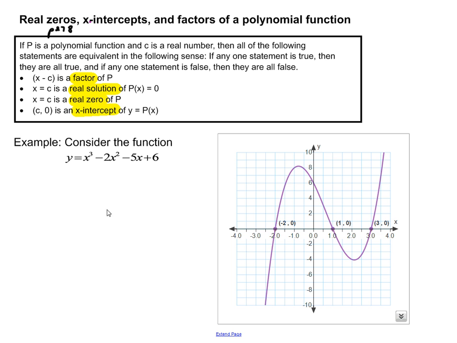Well, what could we say? If we look at this graph, we notice that the graph is passing through the x-axis at (-2, 0), (1, 0), and (3, 0). So in other words, if we take a point like x equals negative 2, the point (-2, 0) is an x-intercept.